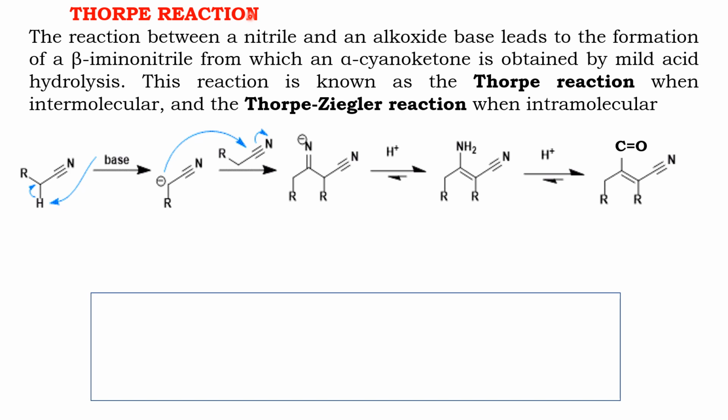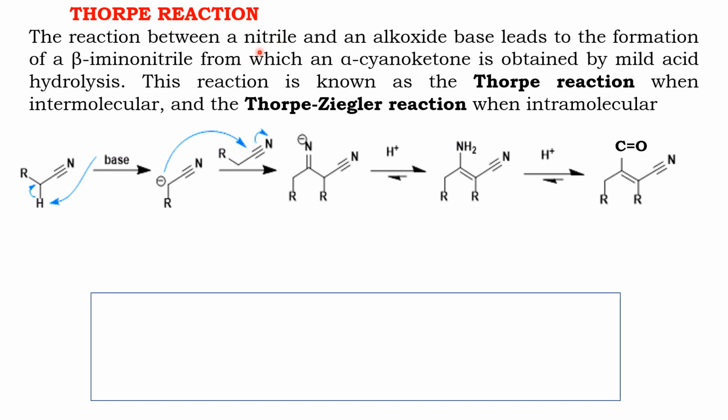But before moving towards the Thorpe-Ziegler reaction, we have to see what the Thorpe reaction is. A Thorpe reaction is a reaction between a nitrile. Nitrile means C triple bond N, or CN. If a CN group is present in any organic compound, we term it a nitrile or cyano group.